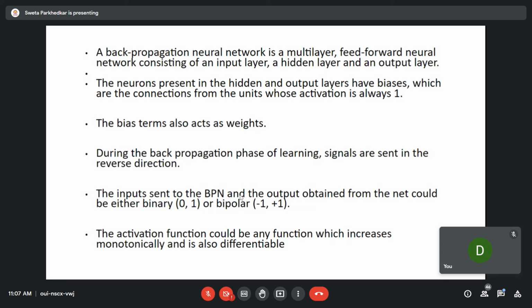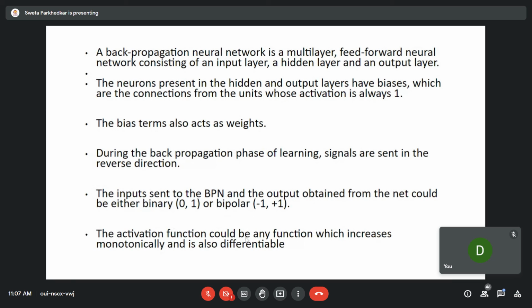the hidden layer, and the input sent to the back propagation algorithm can be obtained from either a binary 0 1 or bipolar -1 +1. So you can apply this activation function, binary activation function लगा सकते हो या bipolar लगा सकते हो.